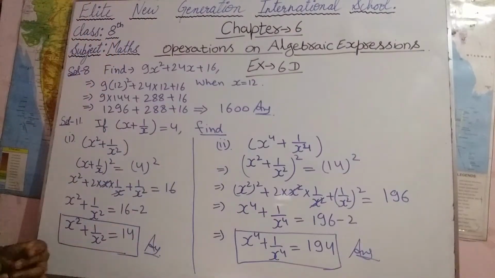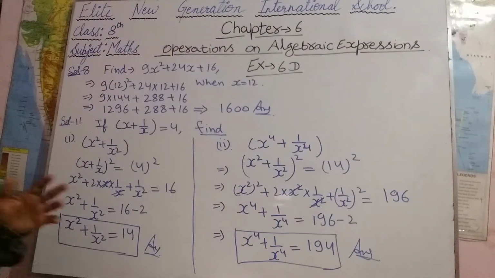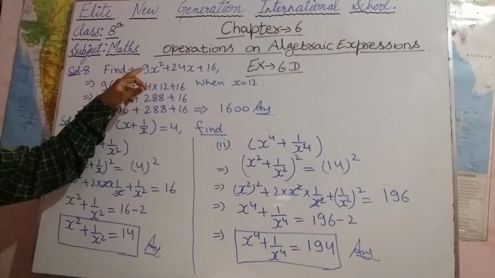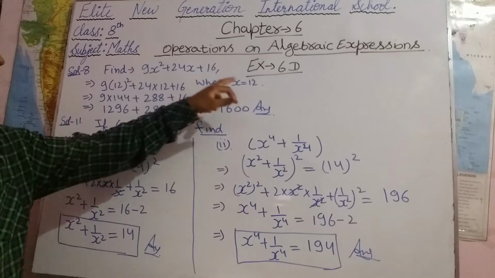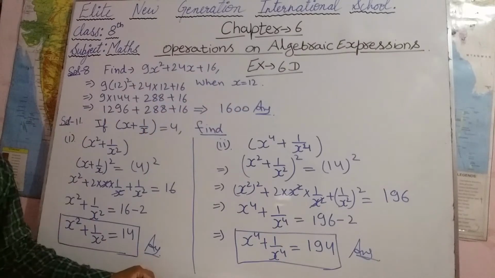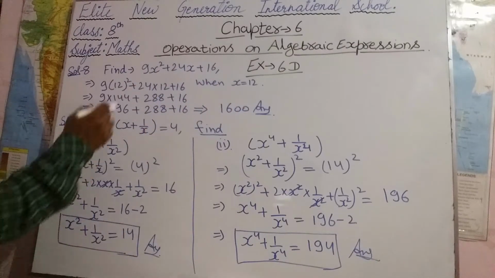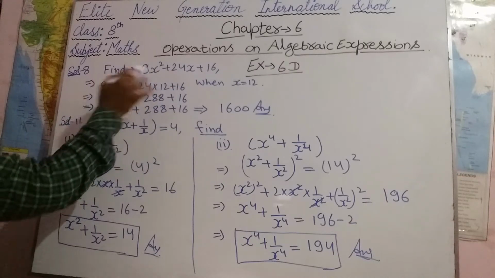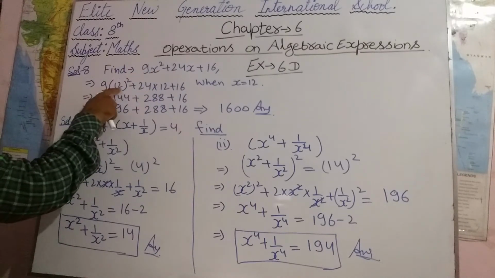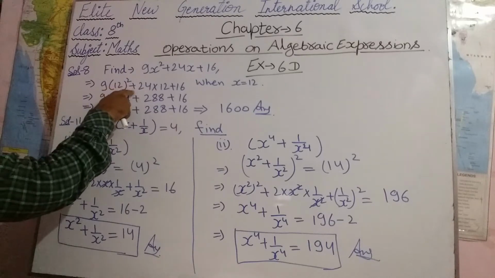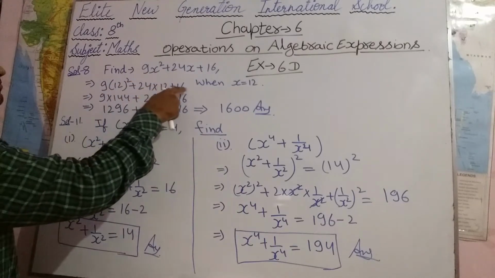So see question number 8. In question number 8 we have to find the value of 9x square plus 24x plus 16 when the value of x equals 12. So here we have to put the value of x as 12. So 9 into 12 square plus 24 into 12 plus 16.